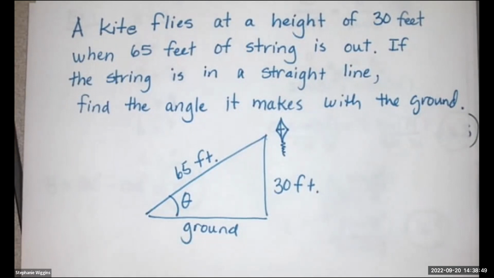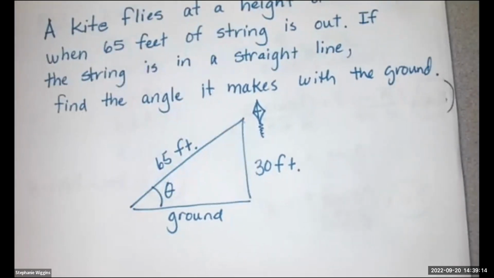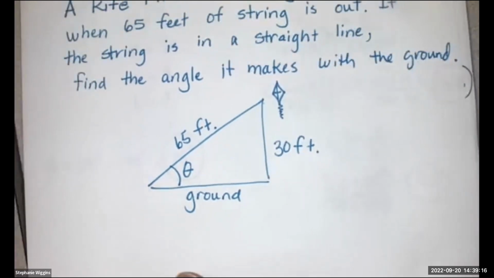So this angle here, notice we're given information about the opposite and the hypotenuse. So which trig function are you going to use? Sine, because sine is opposite over hypotenuse. So you're going to go sine of theta equals 30 over 65, and then you're going to have to use the inverse function. Okay, give that a shot. When you're done, just sign your name on your way out.